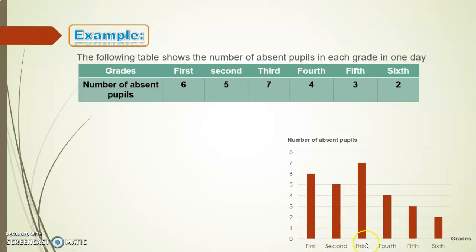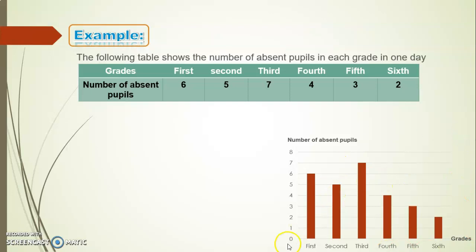So on this horizontal axis, I write 1st, 2nd, 3rd, 4th, 5th, 6th. I write the first row in the table, and we write the numbers in the second row, the number of absent students, on the vertical axis.